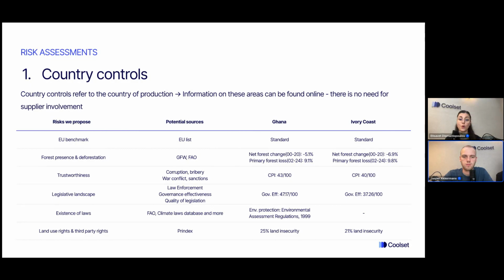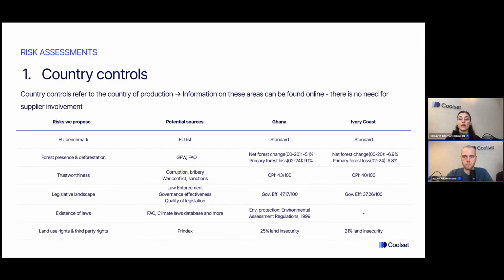And of course, I'm not going to go through all of them, but I would like to pass you through three different sections. When it comes to forest presence, I used the Global Forest Watch database to show you that Ghana, for example, from 2000 to 2020 has a forest change of minus 0.1%, meaning that it has lost forest overall, while Ivory Coast has an even lower forest change, meaning that they have minus 6.9%.